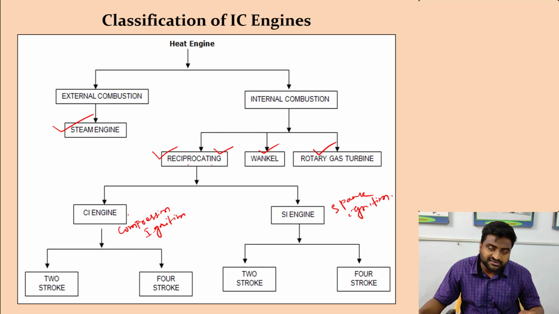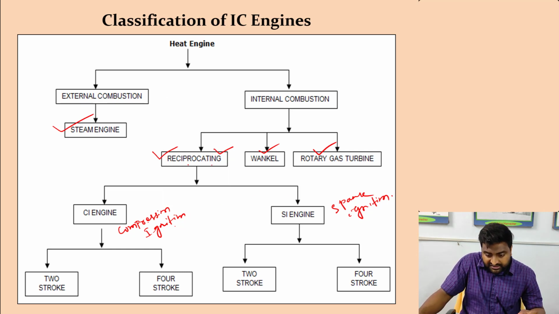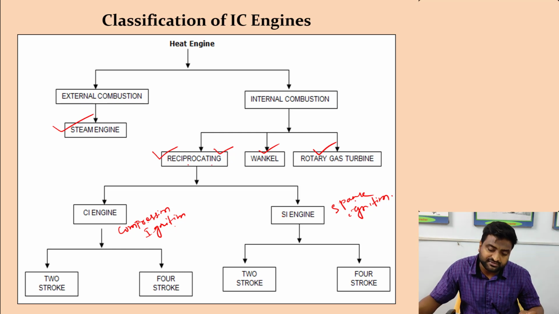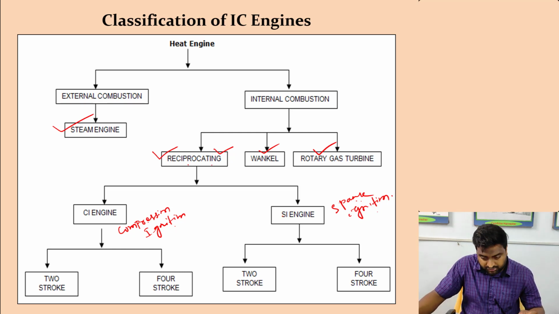So compression ignition means the ignition, or you can say the combustion inside the chamber or the cylinder, takes place due to compression of the air. That's why it is known as the compression ignition. And SI engine means the ignition takes place due to the spark. A spark is there which actually happens inside the engine cylinder. That's why it is known as the spark ignition. Later on I will tell you the basic difference between all these things.